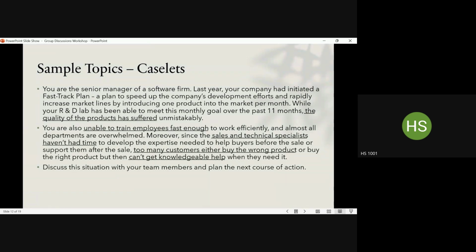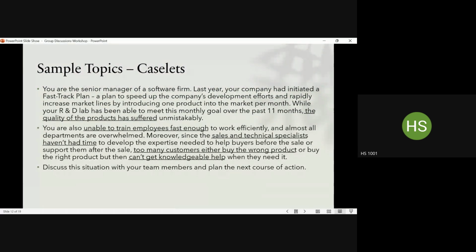What are the issues? Quality is suffering, unable to train employees. Sales and technical specialists haven't had the time enough for training. Too many customers buy wrong product or can't get necessary customer service after they've bought the product. Okay? These are your issues. These are the problems for which you are seeking to find a solution.